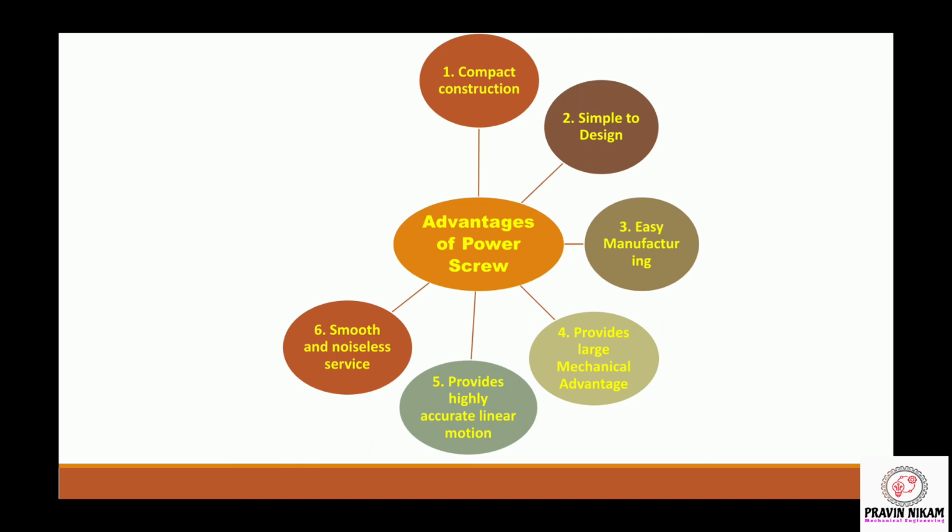If the manufacturing is accurate, the surface finish is smooth, and proper lubrication is provided, then the operation of this power screw is smooth and noiseless. Then the next advantage is the self-locking property. Then the last advantage is large load carrying capacity.